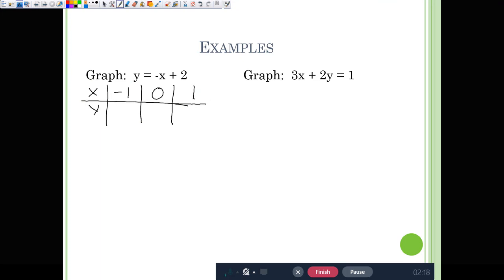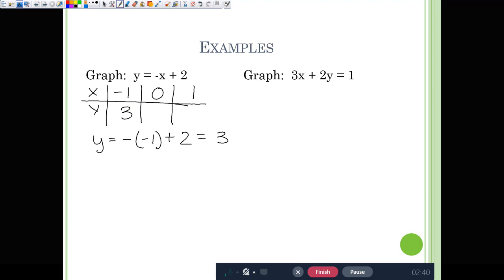We are going to substitute those values in for x and solve for y. So I'm going to have y equals -(-1) plus 2. So negative times -1 would be +1, plus 2 would be 3. So my y value would be 3 here.